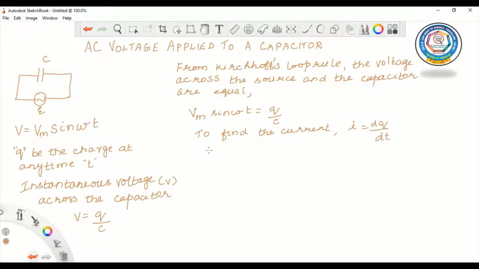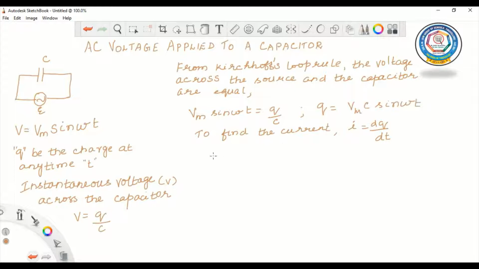From the above expression, we can write Q is equal to Vm C sin omega t.